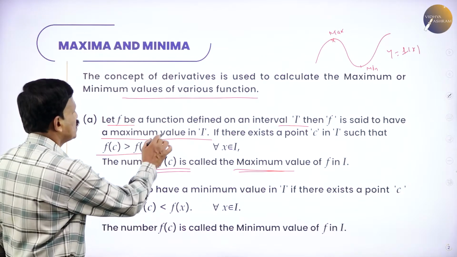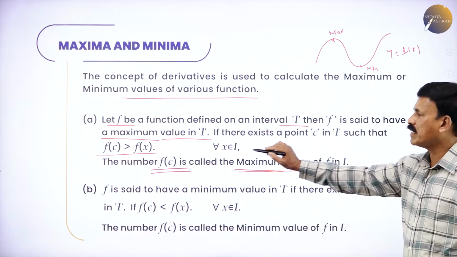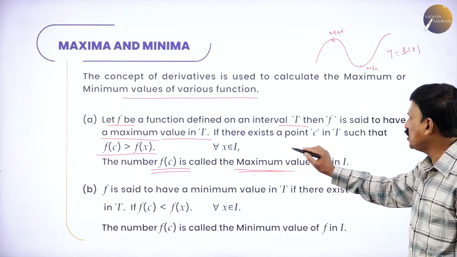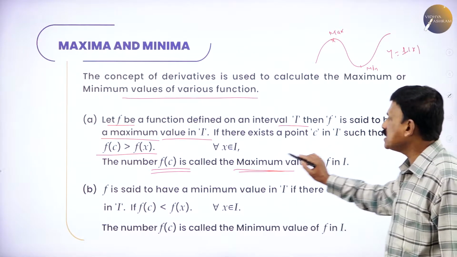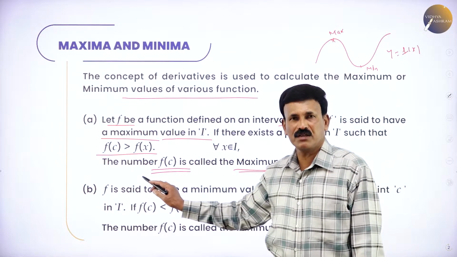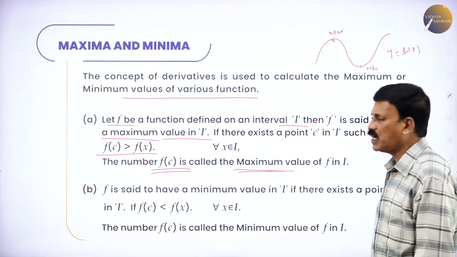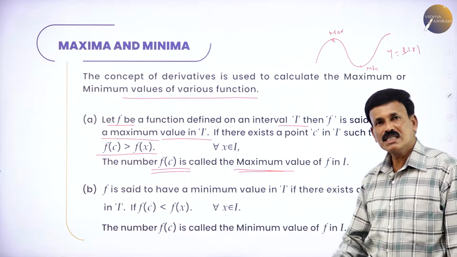That is, a function defined on an interval I is said to have a maximum value in I if there exists a point c in I such that f of c is greater than f of x, then f of c is called the maximum value of f in that interval.